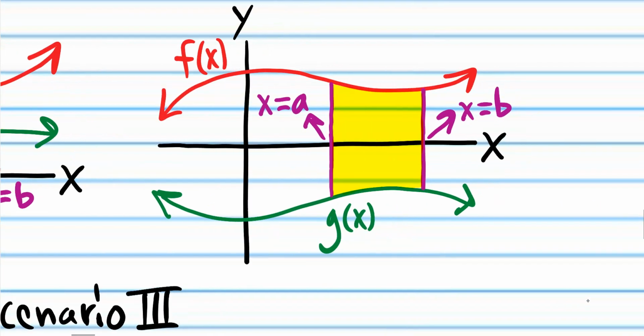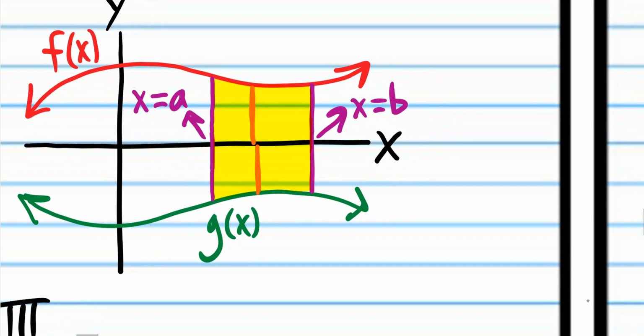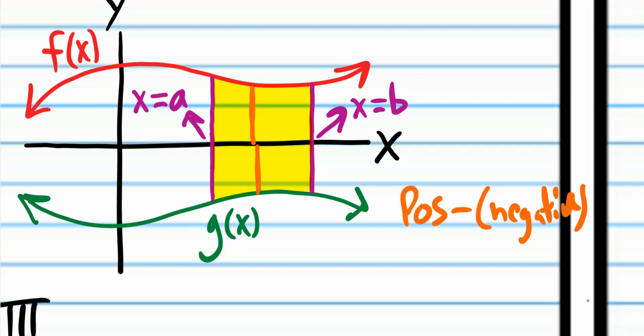It also works in this situation. I know it doesn't seem like it, but this is the y value of the graph, the f of x at some x value, and the y value of g is actually a negative number. It's going down. Now if you have a positive and you subtract a negative, well, that'll just give you a positive number.